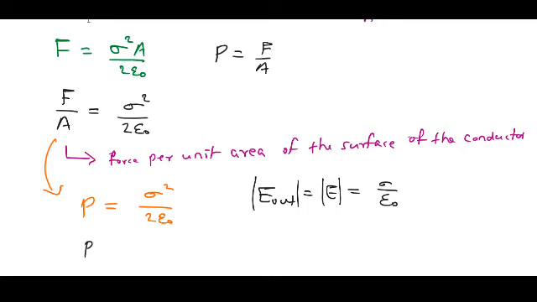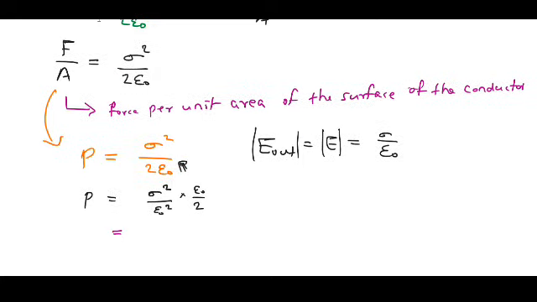Then P can be written as sigma square divided by epsilon 0 square, multiplied by epsilon 0 divided by 2. If you multiply, you will get the same result.